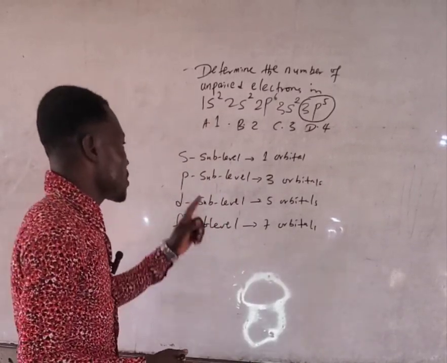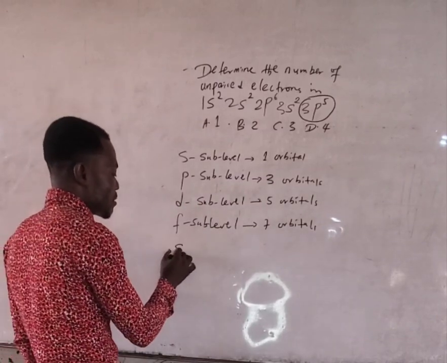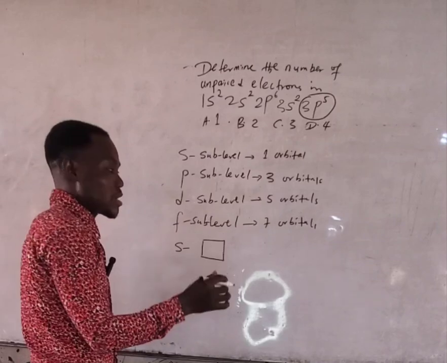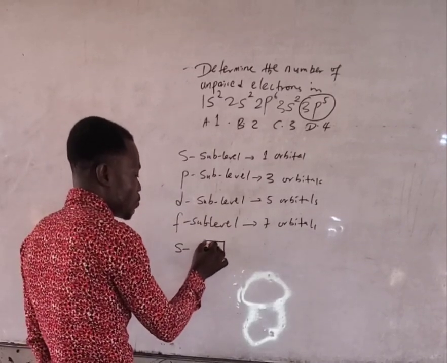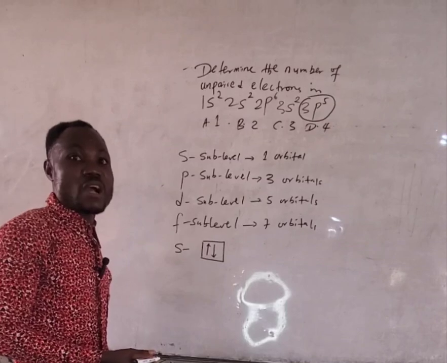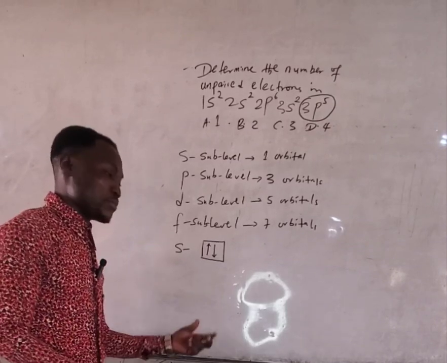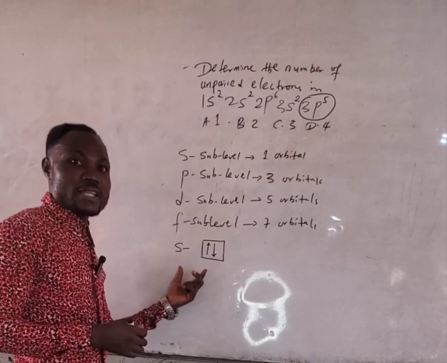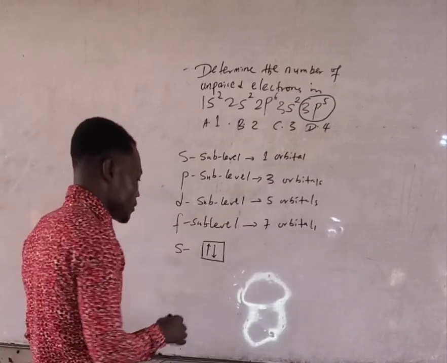So to represent this, for the S, we have just one orbital, and it can hold a maximum of 2 electrons, which are arranged spinning vertically upwards and vertically downwards according to Hund's rule of maximum multiplicity. So in the spin, they spin in opposite directions.